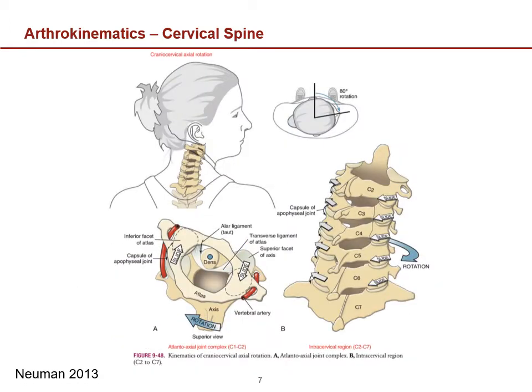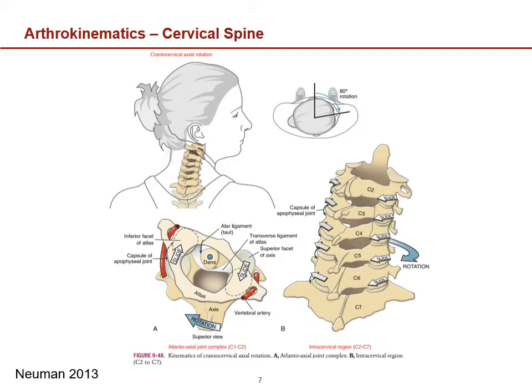When looking at cervical rotation, Newman breaks this up into the AA joint, as half or up to 40 degrees of the rotation comes from this joint, and then once again into the intra-regional segments of the cervical spine. So at the AA joint, you can see that there's a slide of, if we're talking about the ipsilateral facet, so if you're going to turn to your right, we're looking at the right facet.